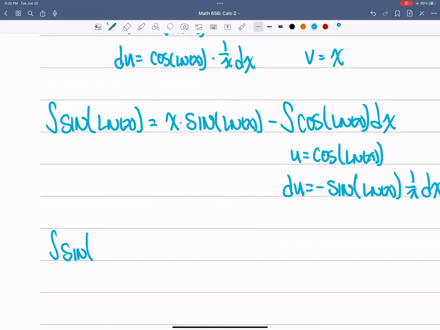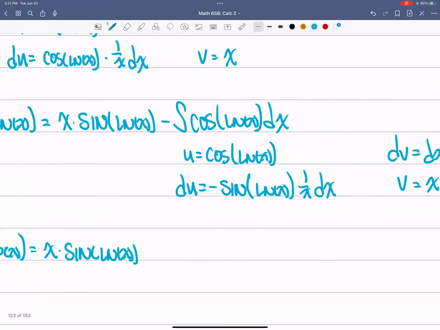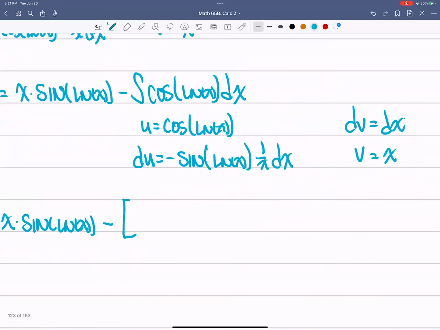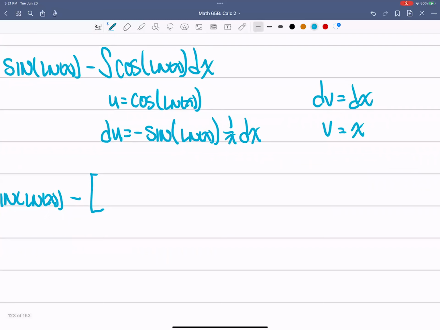So let's rewrite everything that we have here. The integral of sine of ln of x is equal to x times sine of ln of x, minus, then we have the integral of cosine of ln of x. So minus, and we have u times v. That's going to be x times cosine of ln of x, minus the integral of v du.